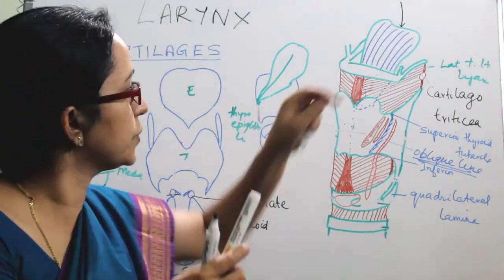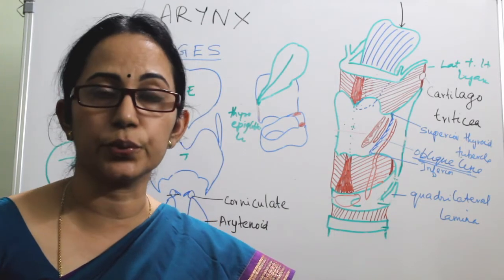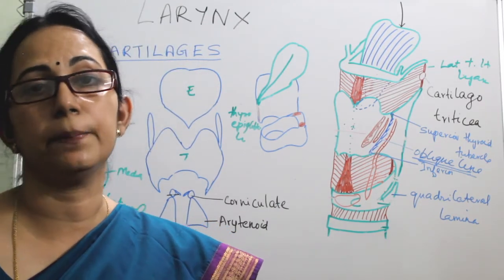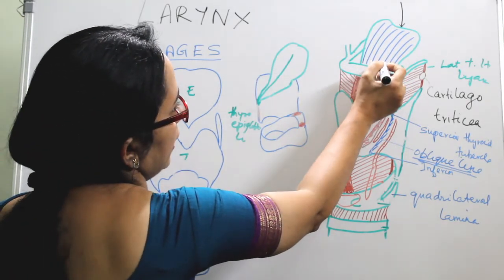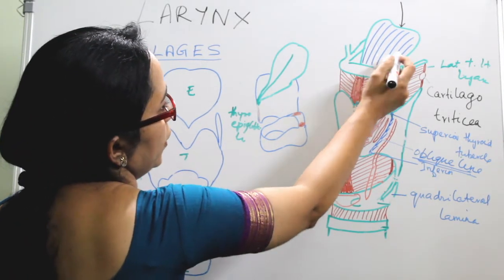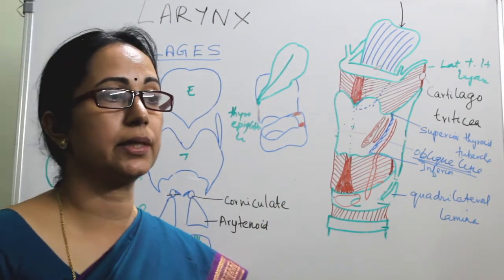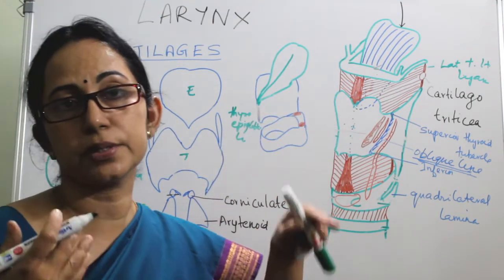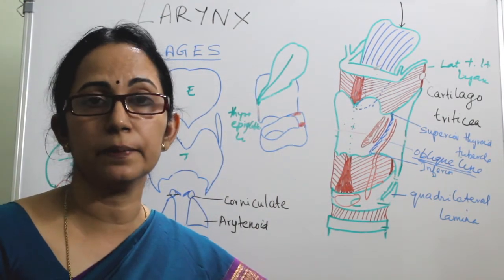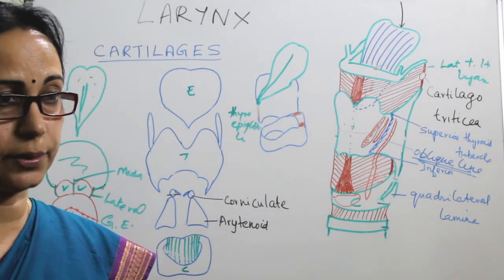In between there is a space filled with fibrofatty tissue only, and that is called the pre-epiglottic space. It is very important in relation to the spread of carcinoma. The lower border of this pre-epiglottic space is formed by the hyoepiglottic ligament. Hope you got it.